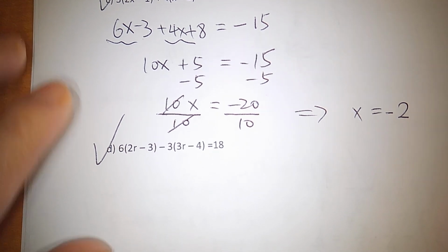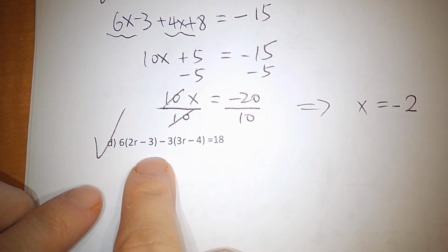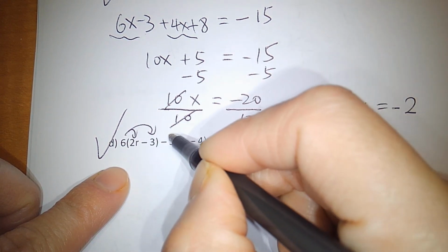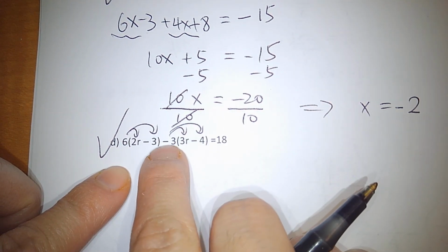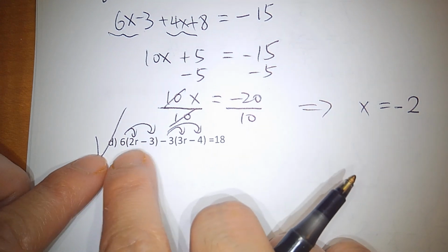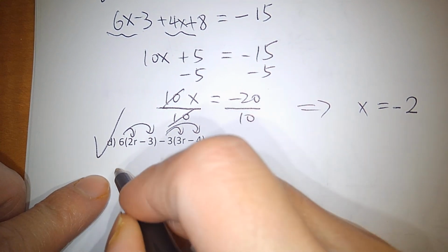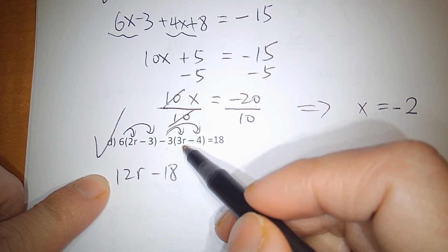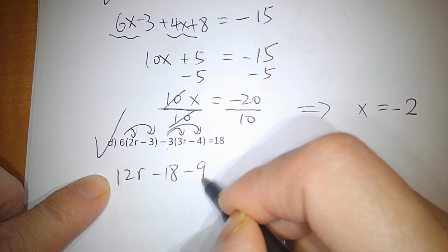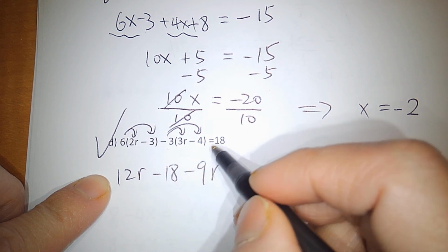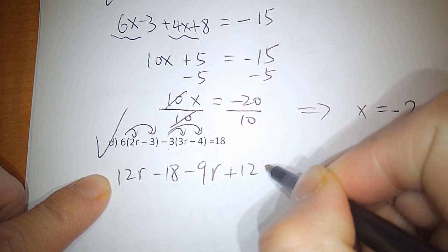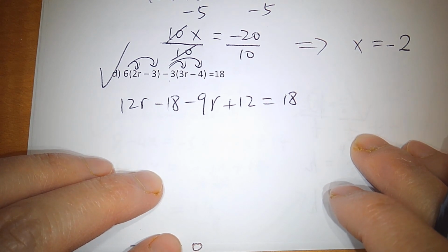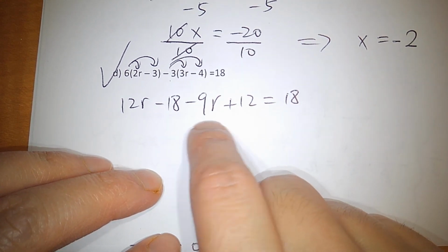Very good, okay? Question B, it's the same thing, right? Do you think it's the same thing, right? Okay, but the only difference is here it is a negative number, right? So 6 times 2r, 12r minus 18. -3 times positive 3r. -3 times 1, -4 gives us what? Right?